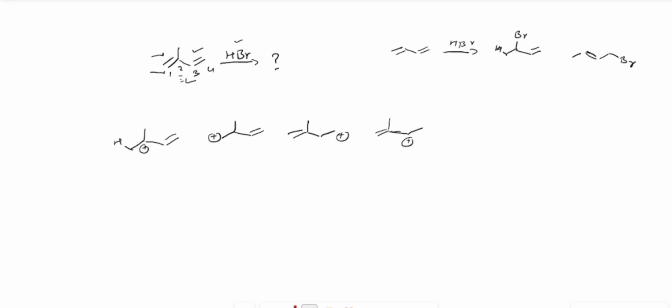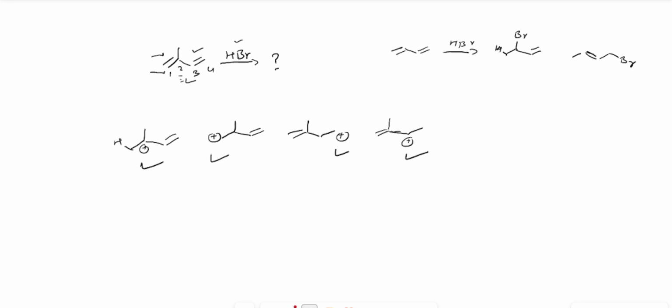So that is the rate determining step, the slowest step, the formation of this carbocation. You can see that we have a tertiary carbocation here, a primary carbocation here, a primary carbocation here, and a secondary carbocation here, which of course is also resonance stabilized.